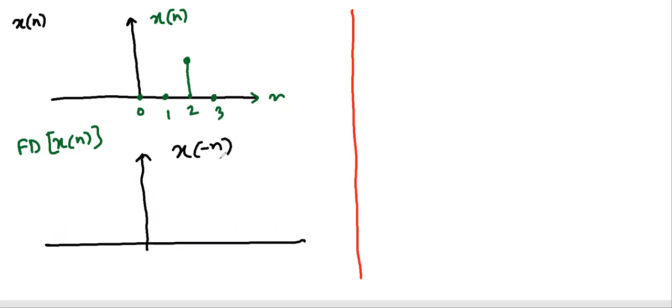It will be folded back to the opposite direction, so it will be on the left side. At the location of -2 you will get the same stem, and otherwise it remains the same. So this is 0, -1, -2, -3, -4. This is our folding operation.